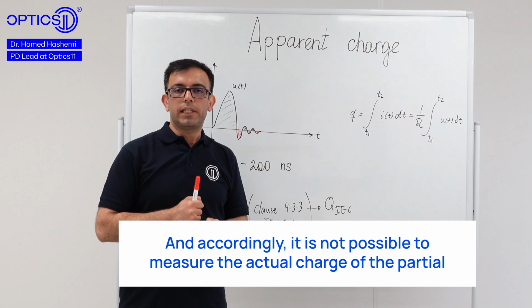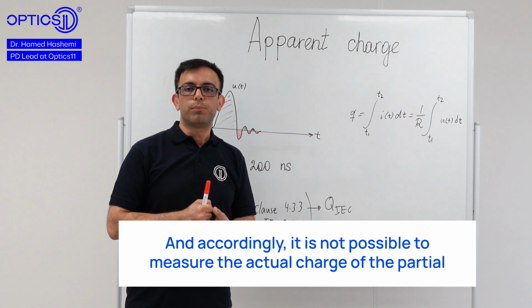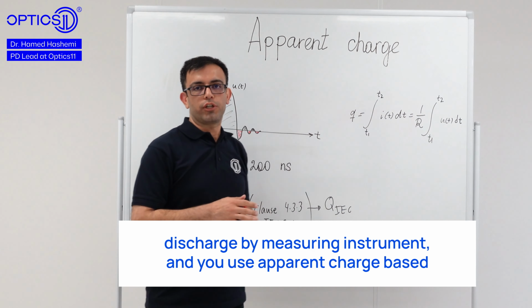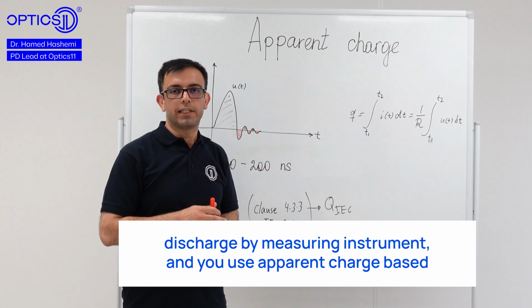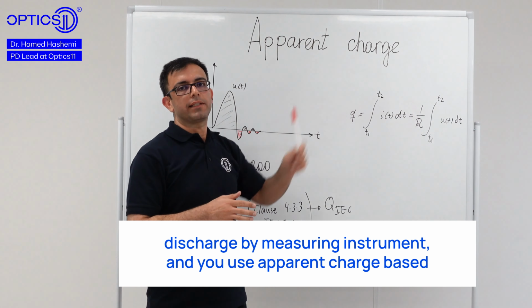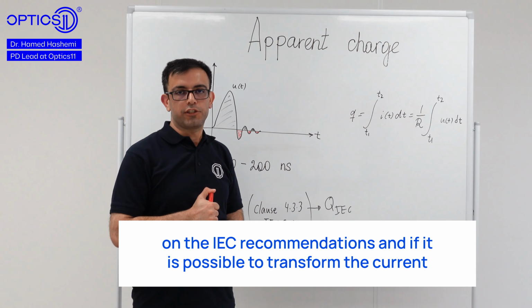Accordingly, it is not possible to measure the actual charge of the partial discharge by the measuring instrument, and you use apparent charge based on the IEC recommendations.